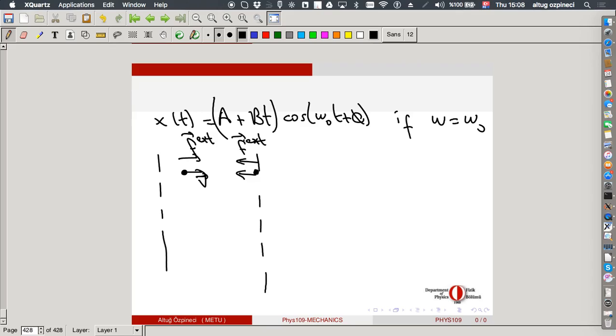So if the frequencies are matching, at a given point, the work will be either always positive or always negative. In every case, the total energy of the system will change linearly with time, because you will be always doing positive work.